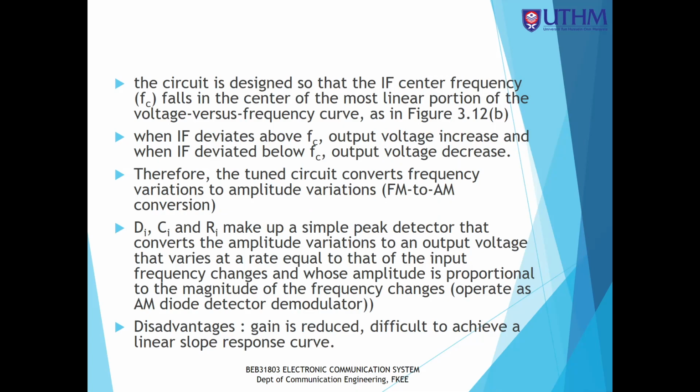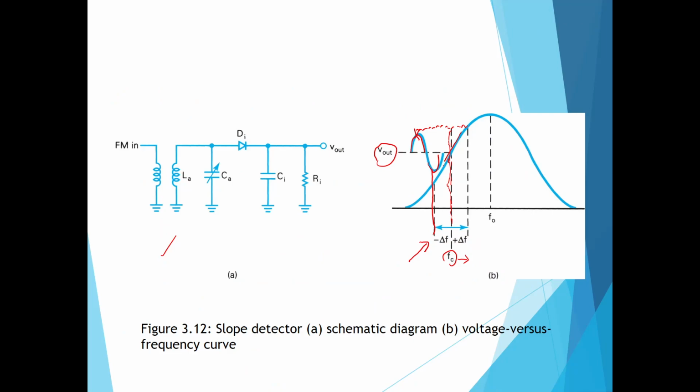Okay, so as stated here, the circuit is designed so that the intermediate frequency, center frequency, falls in the center of the most linear portion of the voltage versus frequency curve. Okay, so the FC here, this is the center. So this is the FC of the center of the IF. Okay, it's not the carrier frequency in the RF band.